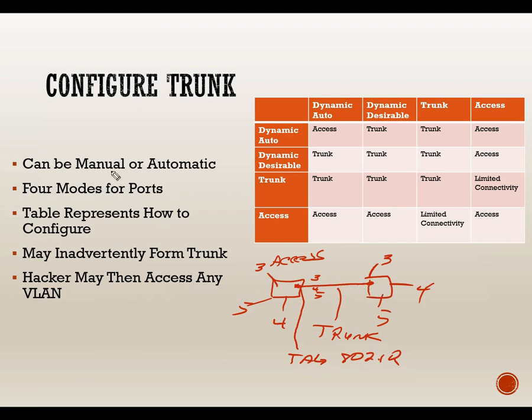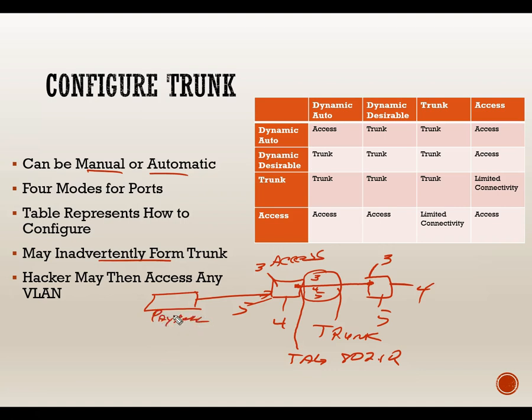So we can have a manual or automatic configuration of these things. The problem with the automatic is we may inadvertently form a trunk. If we do that, then we can get all of the VLANs. Because we have a trunk port, all the traffic from all the VLANs is on the trunk port, unless we restrict it, and we'll see how to do that too. So then I have a hacker that plugs into here and adds himself to, let's say, the payroll VLAN.